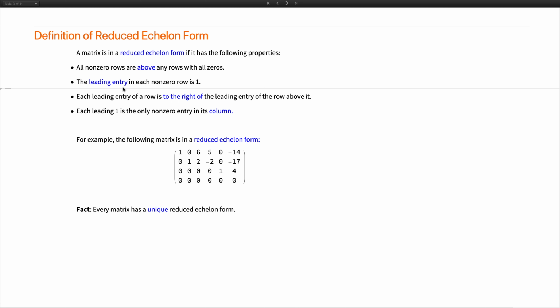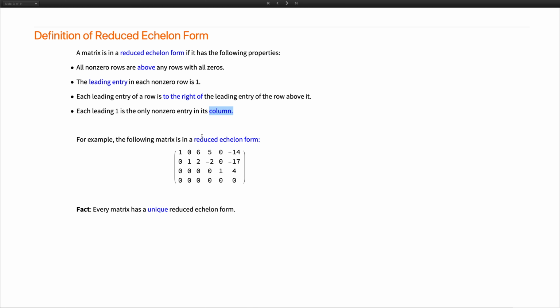So you always start with a 1 in each non-zero row. Next, each leading entry of a row is to the right of the leading entry of the row above. That's where the word echelon comes from. It's like an orderly arrangement, like troops of soldiers in an army. And finally, you want each leading one to be the only non-zero entry in its column.